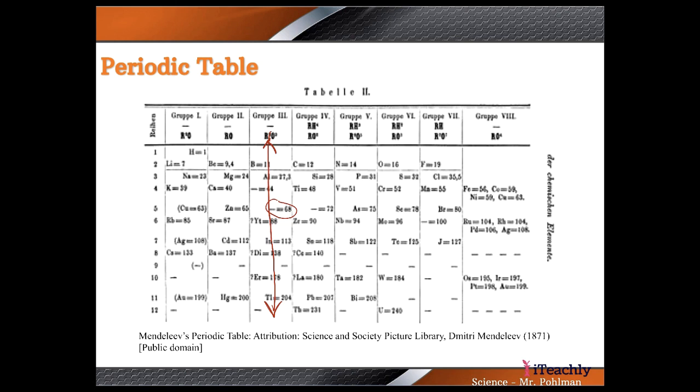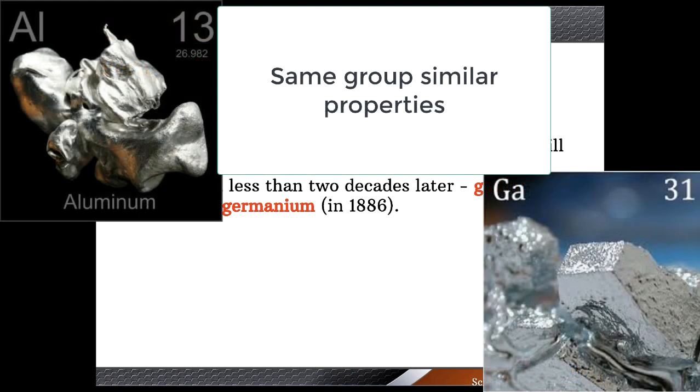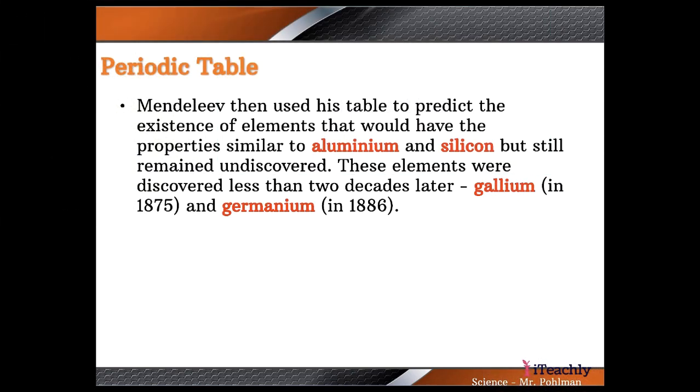And sure enough, once these elements were found, they had, well, I don't want to say the exact same, but extremely similar characteristics to what he was predicting. So what would some of those be? If we're looking at the same column as aluminum and silicon, what were those blank spaces later discovered as? Gallium and germanium. And gallium and germanium had the properties that Mendeleev had predicted.